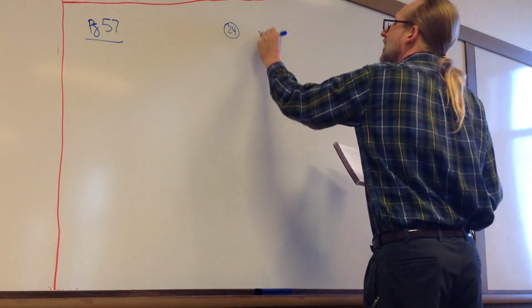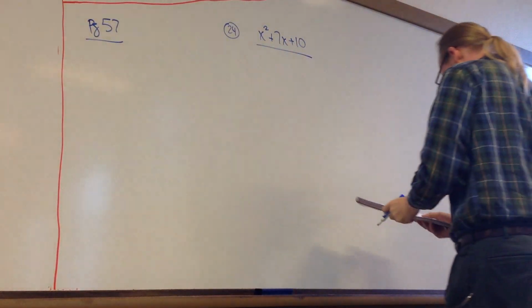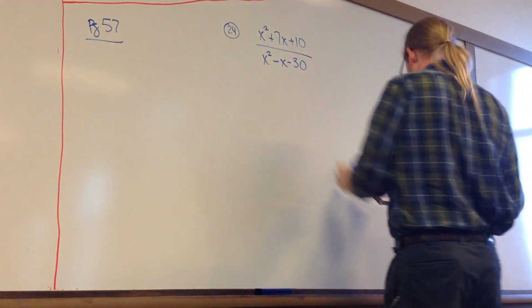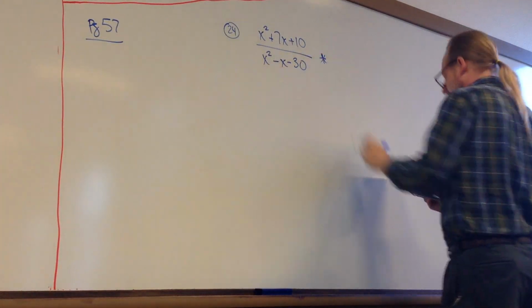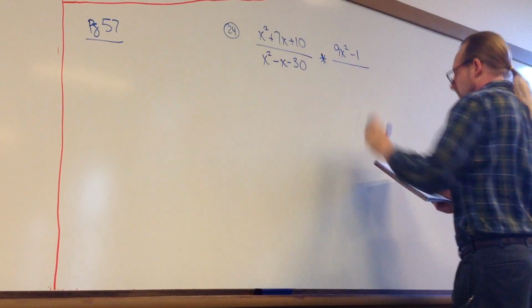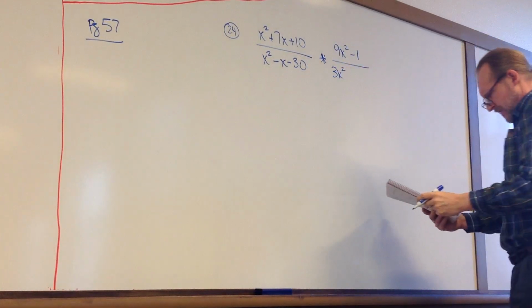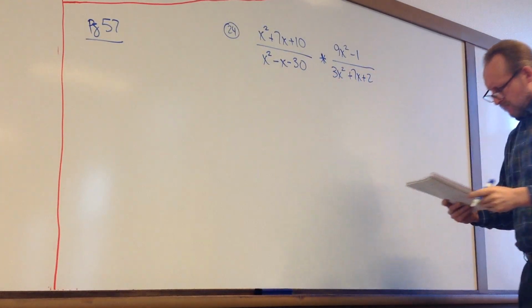We've got x squared plus 7x plus 10 over x squared minus x minus 30. And then I'm just going to write this as multiplication. Times, and then we put the 9x squared minus 1 on the top, and the 3x squared plus 7x plus 2 on the bottom. Okay.